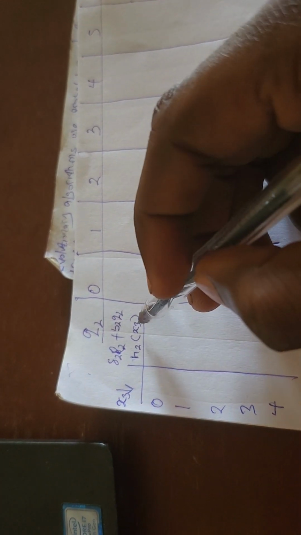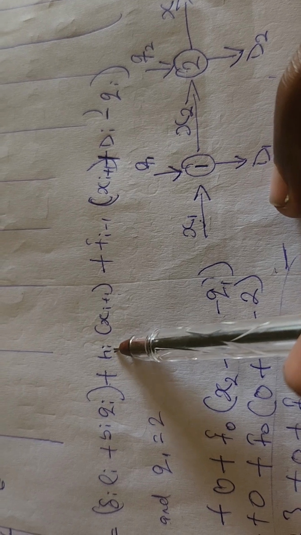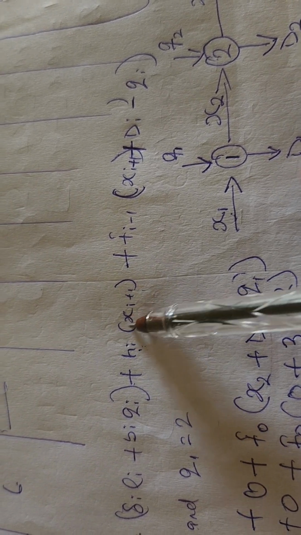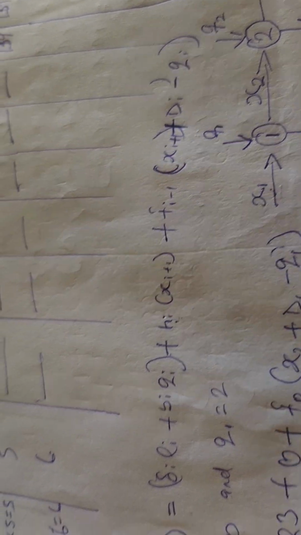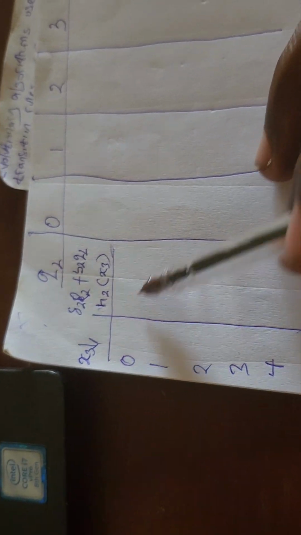So right now our holding cost is multiplied by our X3, from the formula: h subscript i into bracket x subscript i+1 is our holding cost, the cost of holding this inventory, you understand?